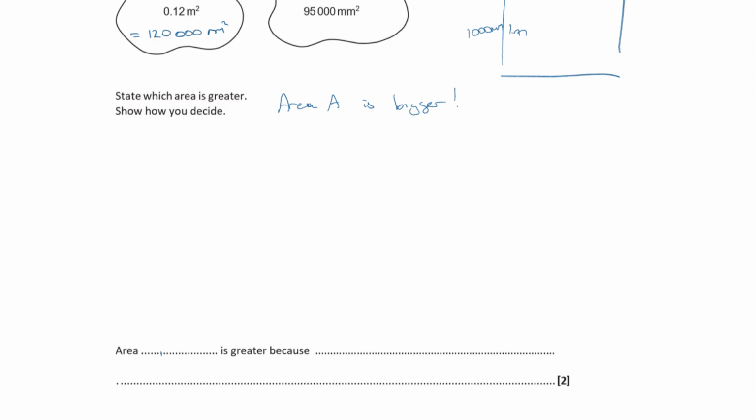So area A is greater because 0.12 meters squared is equal to 120,000 millimeters squared, which is bigger than 95,000 millimeters squared. Okay, kind of nailed that one, I think.